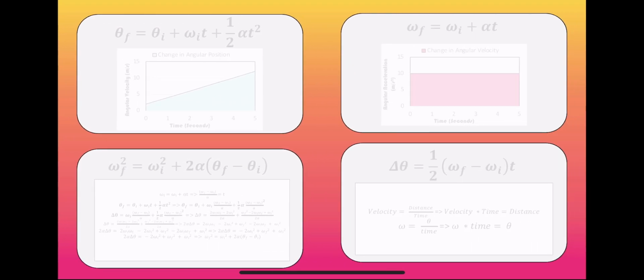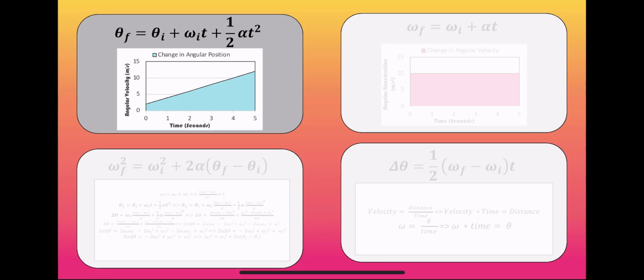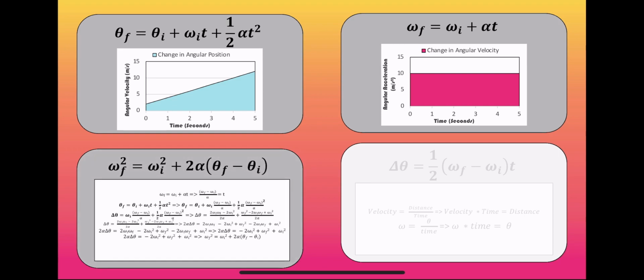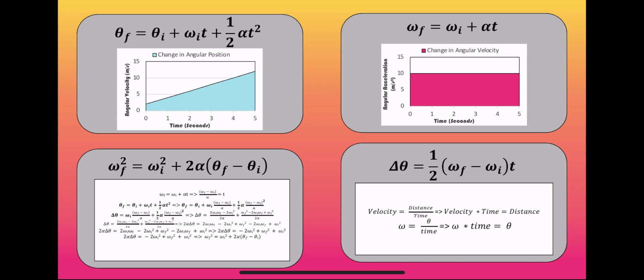In fact, we can derive these equations using the exact same techniques, whether it be using the area under the line of an angular velocity versus time graph to determine the change in angular position, or the area under the line of an angular acceleration versus time graph to determine the change in angular velocity, or using the previously mentioned equations to derive another equation to find the change in angular velocity, or simply finding the average angular velocity and multiplying it by the time to find the change in angular position.